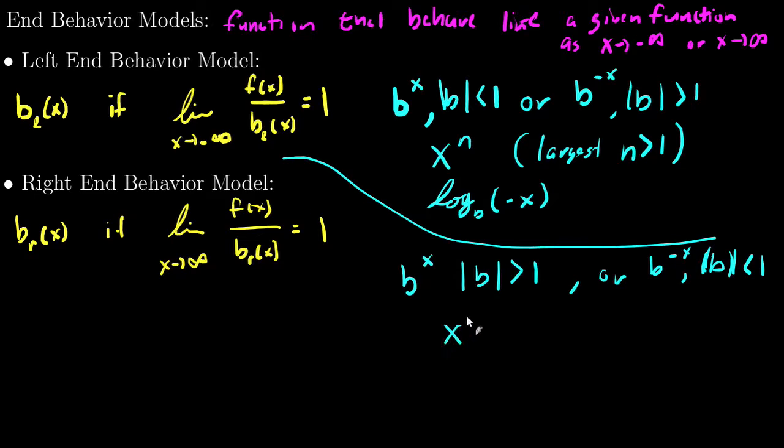And then after that, I take x to the n, highest powers first, and after that, I take some logarithm of x. So this is just a checklist. See if I have any exponentials that work on that end, then see if I have any power functions, then see if I have any logarithmic functions. There are many more functions that I could try to fit in, but this will cover what we need to see for now.